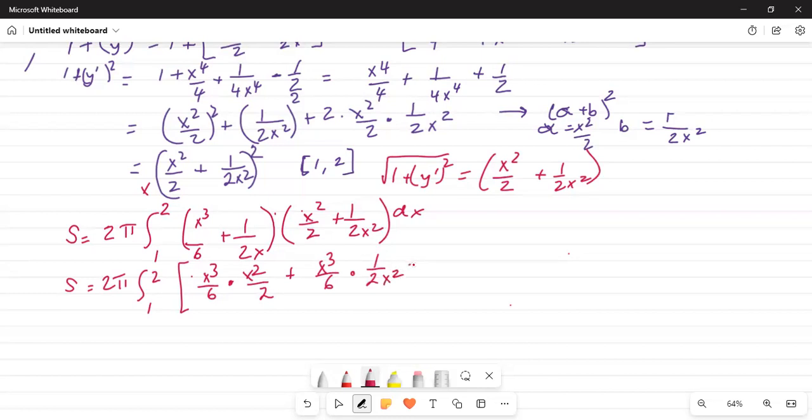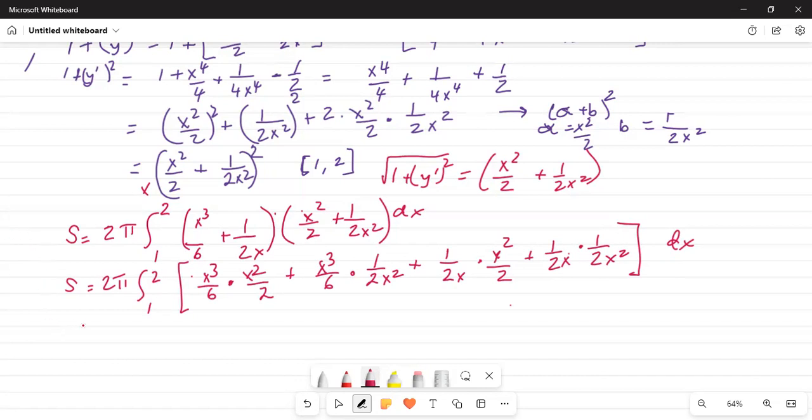Then the inside term is 1 over 2x times x squared by 2. And the last term is 1 over 2x times 1 over 2x squared and dx. So let's simplify this.